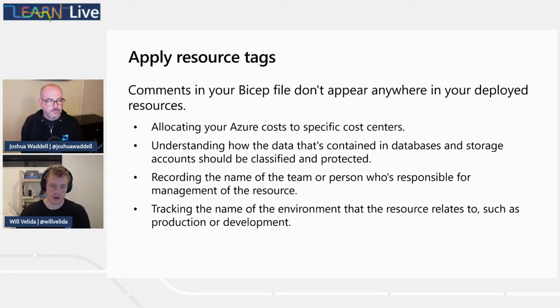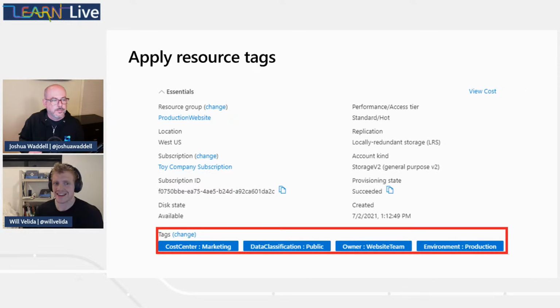If you're working in a large organization, you might be working with resources that you're not necessarily controlling within your infrastructure as code, and you might not be responsible for. Having those resource tags can be really beneficial to say, hey, this resource belongs to the payments development team, for example, and you can reach out to them saying, hey, there seems to be a problem. Can you help us out? And also tracking the name of the environment that the resource relates to.